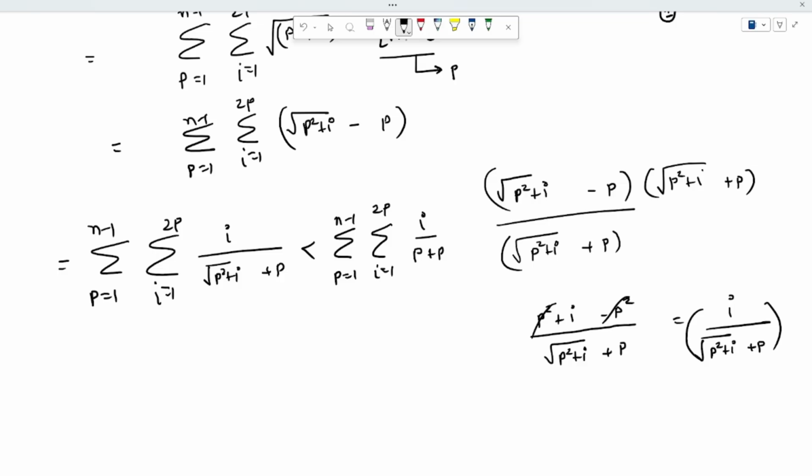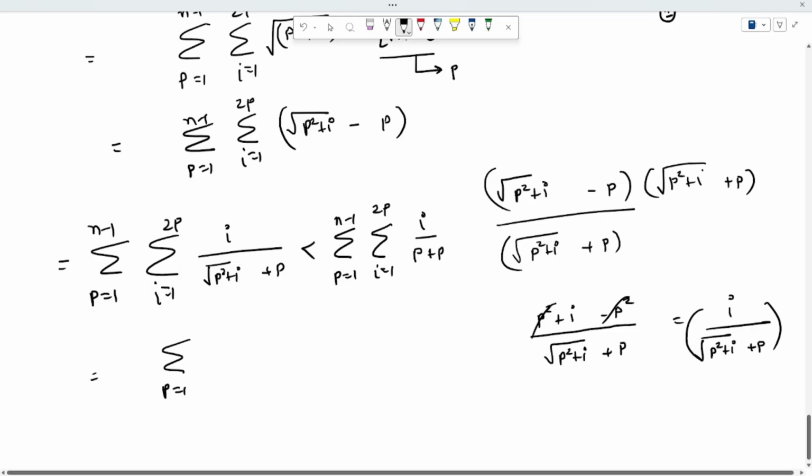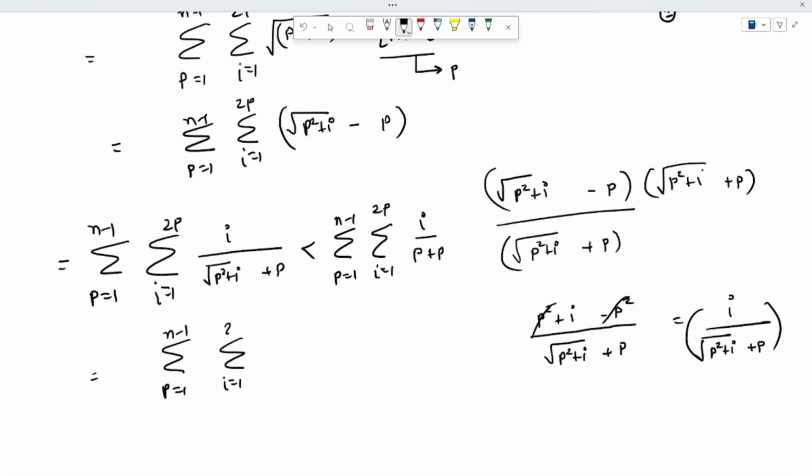If we remove something from the denominator, then the number will increase. So I removed i from the denominator, so this number is greater than this. So this is very simplified, and we can write it as the sum over p equals 1 to n minus 1 and i equals 1 to 2p of i divided by 2p.